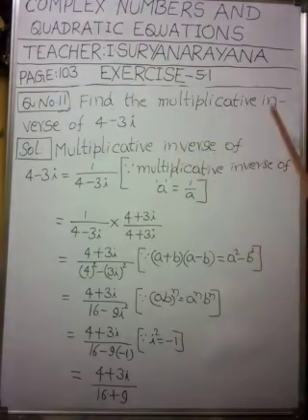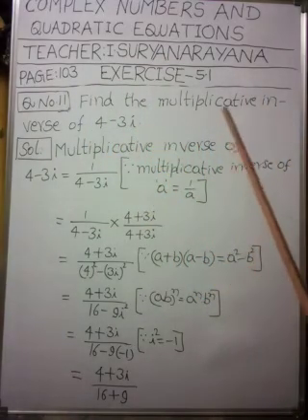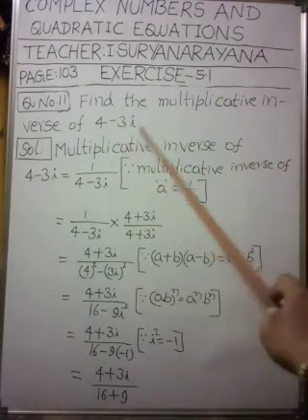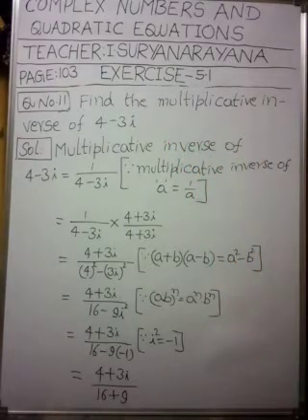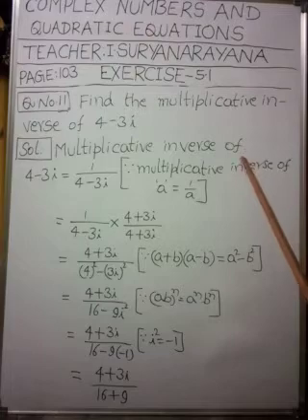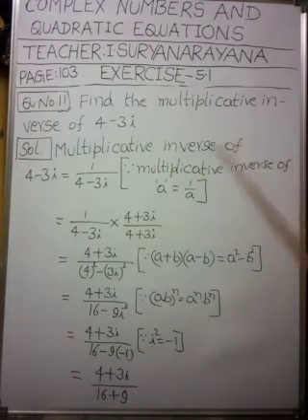Find the multiplicative inverse of 4 minus 3i. Understood this question, my children? We have to find the multiplicative inverse of this number. Okay, my children? You have to recall the previous knowledge. You have already learnt the multiplicative inverse of a number. Suppose a is a given number, then what is the multiplicative inverse of a?